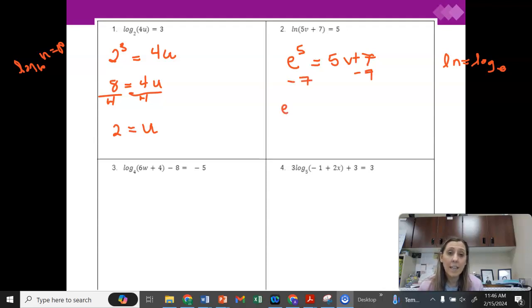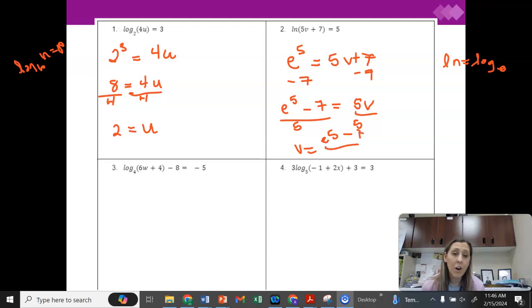And I get e to the 5th minus 7 equals 5v, and then I want to divide by 5, divide by 5, and then I get v is equal to e to the 5th minus 7, all of that over 5. That's it.